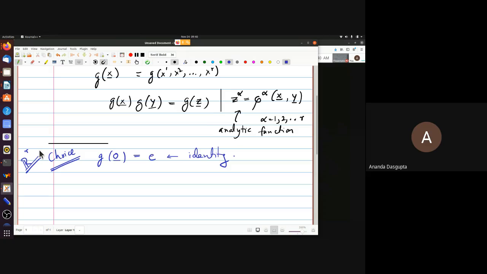That can always be done by trivially changing the parameterization. And since this is going to definitely work, this immediately puts some restrictions on these functions. These functions cannot be any arbitrary analytic functions.